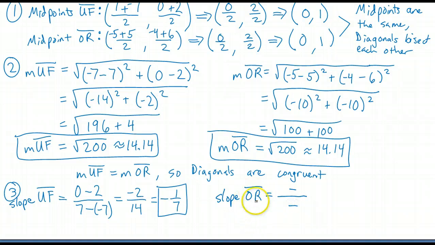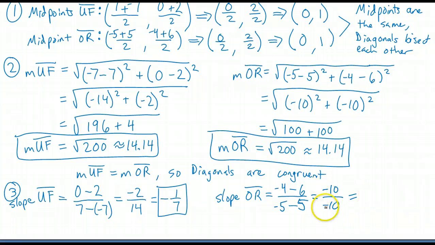So I need to look at my ordered pairs and pick out y2 and y1, and x2 and x1. Negative 4 minus 6 is negative 10. Negative 5 minus 5 is negative 10.